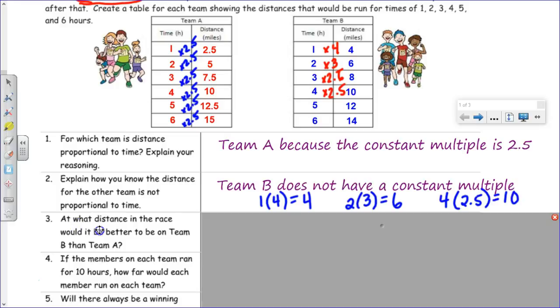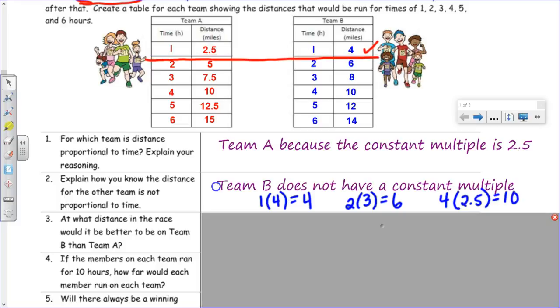Okay, so when would it be better to be on Team B than Team A? So I'm going to erase these now. Again, pause if you need to see the work, but I'm going to go ahead and erase it. When would it be better to be on Team B than on Team A? After 1 mile, is it better to be on Team B? Yeah, because you ran further.